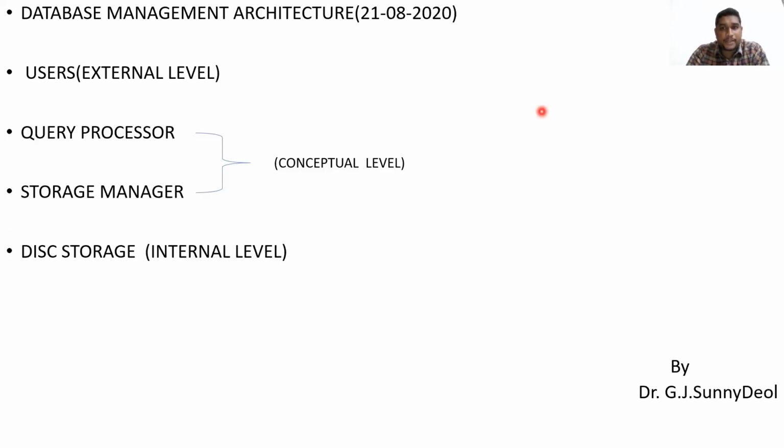Hello students, good morning. In previous classes, we discussed almost 80% of the syllabus. That is what a database is, why we need a database, what the various models are, how we use the levels, and how the users interact with the DBMS by means of mapping. All these are completed till now.